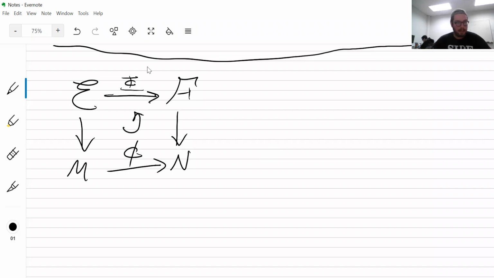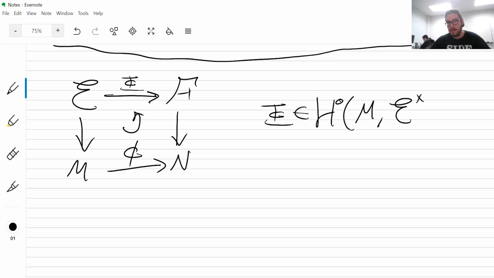Now, something to think about is that we can identify phi with a section of E star tensor the pullback bundle of F. So a section over M of this bundle.